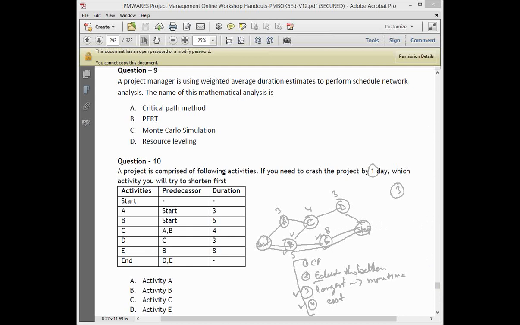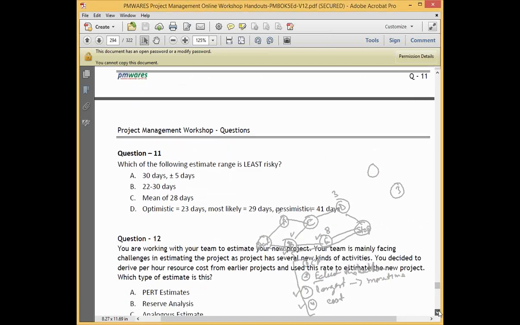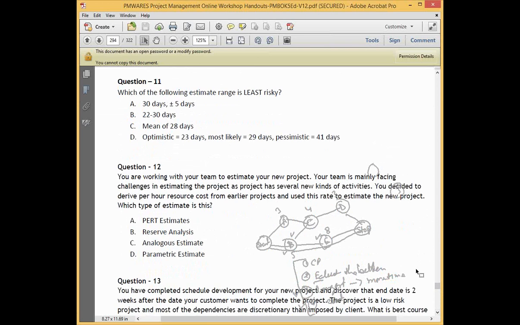Let's go for 11. D. Why D? Because that is giving the more suitable 33 days.